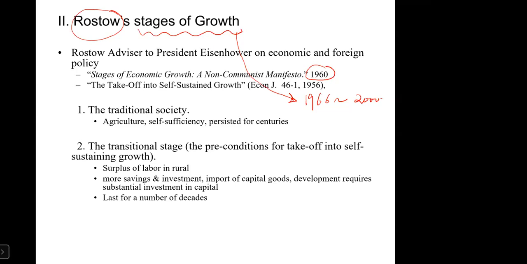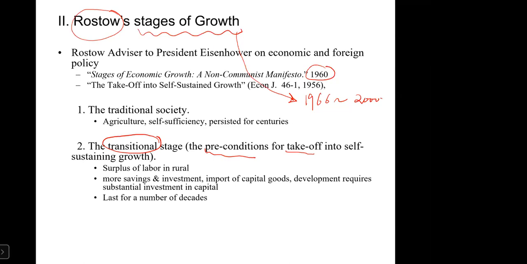Now, stage number 2 is called the transitional stage. The economy starts to transit from traditional society to a later stage, and they are going to have the preconditions for takeoff. What is going to happen in this stage?